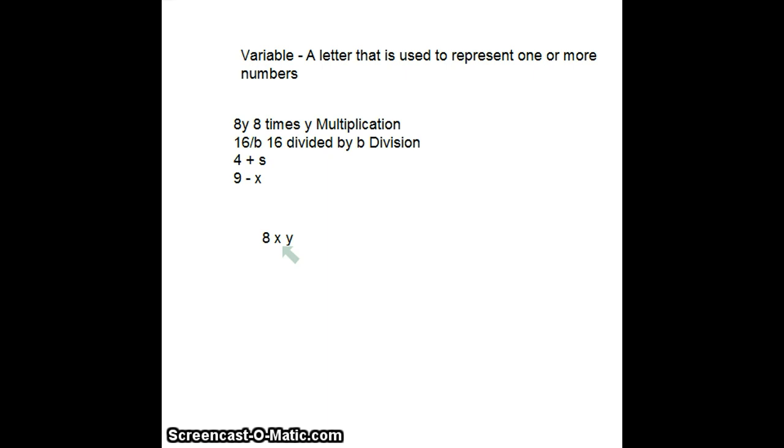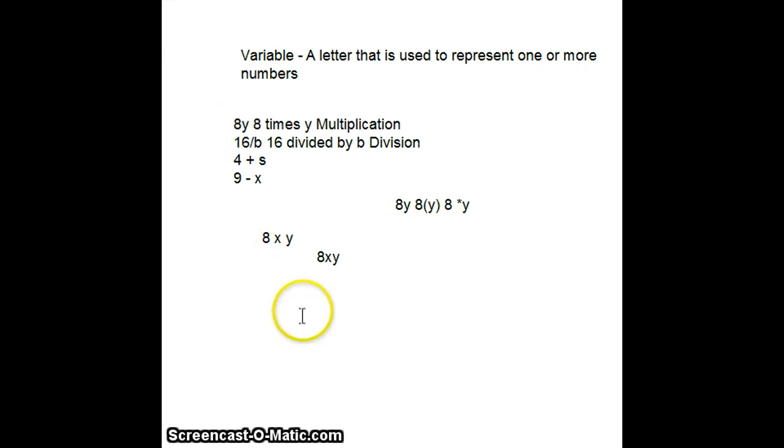Now that we're introduced to variables, this can confuse people and it could look like 8xy, which we do not want. So in order to do multiplication, either put the terms next to each other, have parentheses, or just put a dot between them. All of those signify multiplication, and it's much better than doing something such as this.